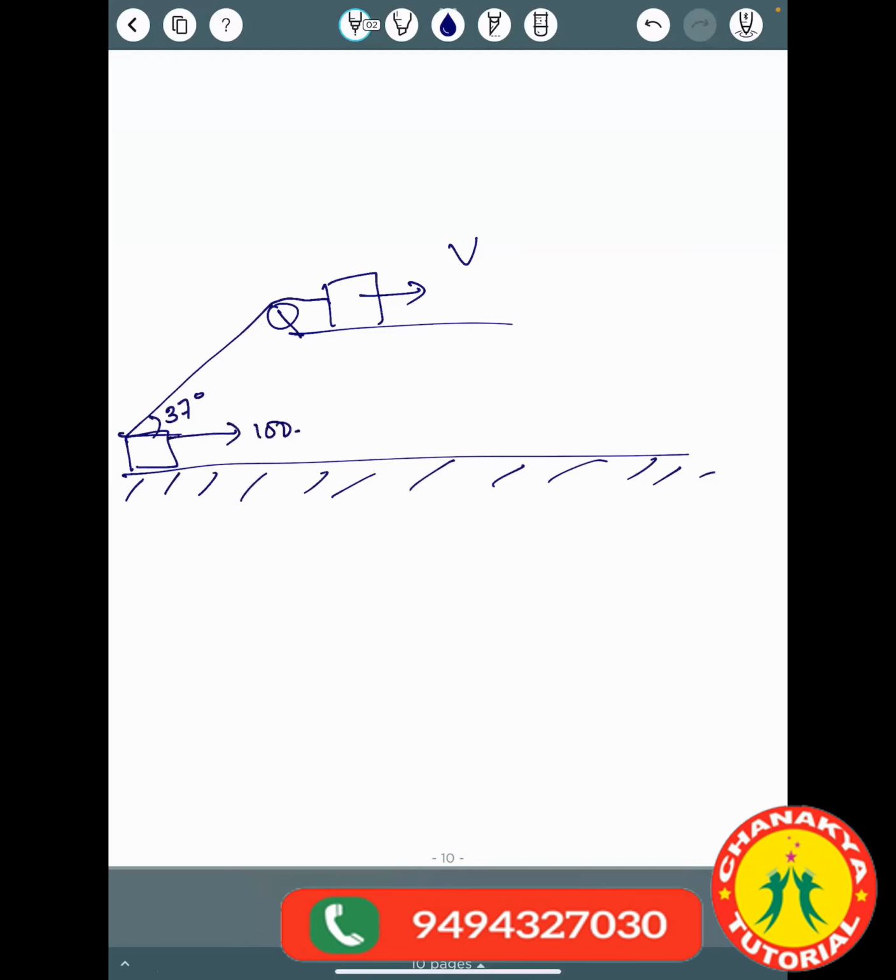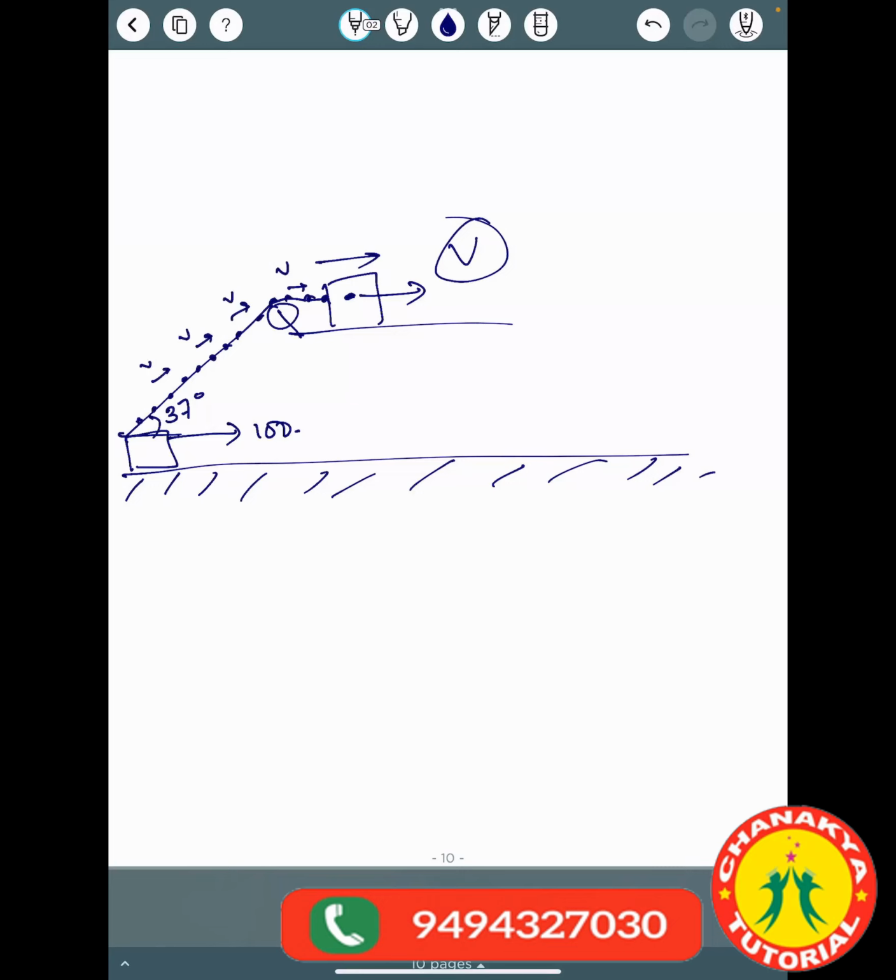Now you guys tell me what should be v. See, if this block is moving with v, then each part has to move with v. Correct? Everything has to move with v. Correct? Any doubt? No, sir.